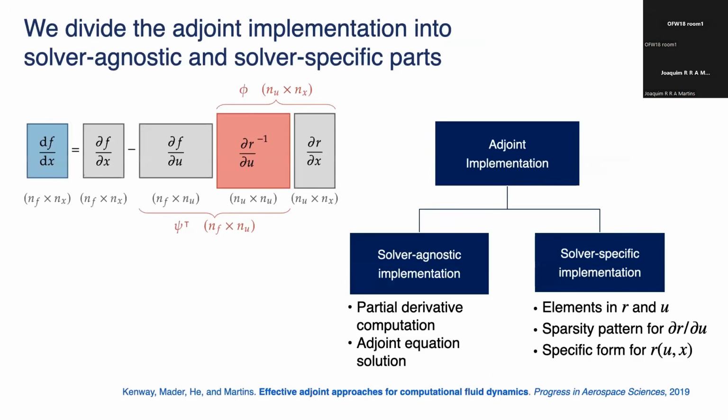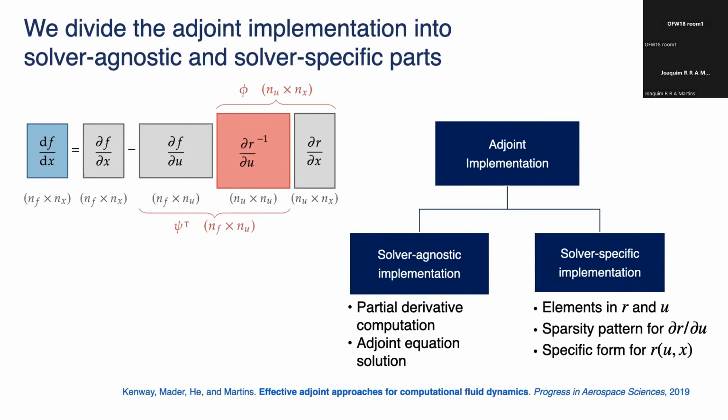Okay, now we can decompose the implementation of the adjoint. So the adjoint, of course, the downside is implementation. It takes a lot of implementation effort, okay? There have been whole PhDs on just implementing adjoints. So we've worked a lot towards simplifying the implementation. And what we did in this paper referred to here is that we can separate the implementation into two parts. One is solver agnostic and the other one is solver specific, okay?